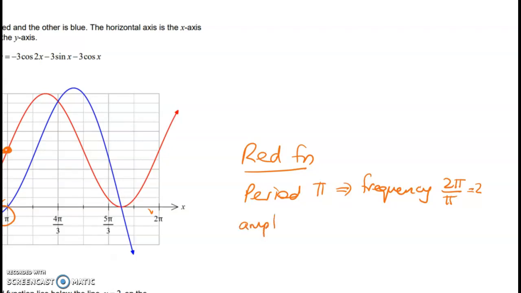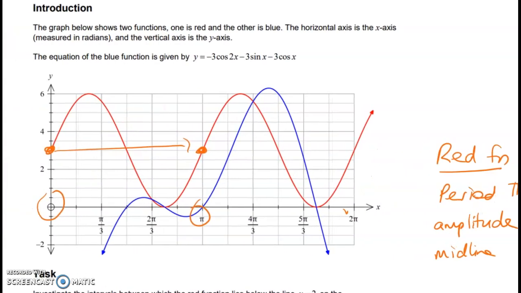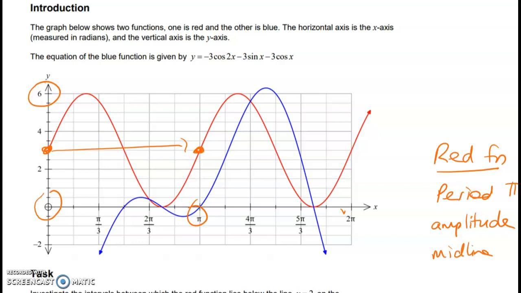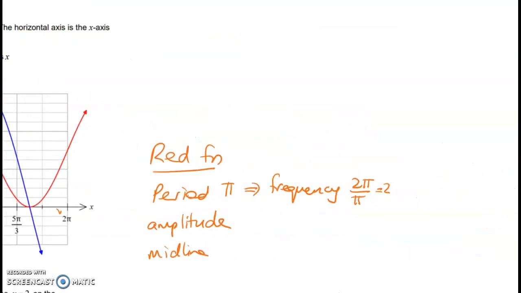The amplitude, I'll get in a minute. The vertical shift is halfway between 0 and 6. So the midline is equal to 0 plus 6 over 2, which is 3. So that's the vertical shift.